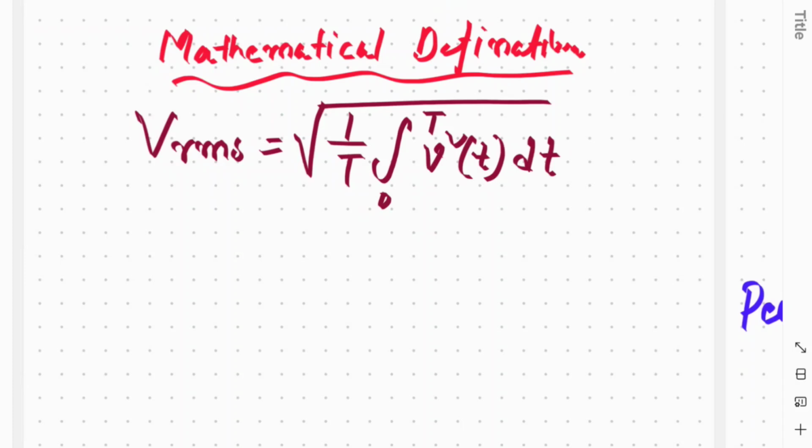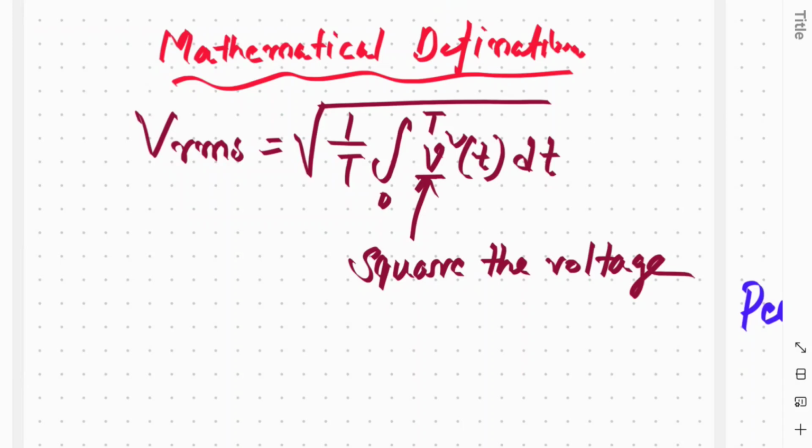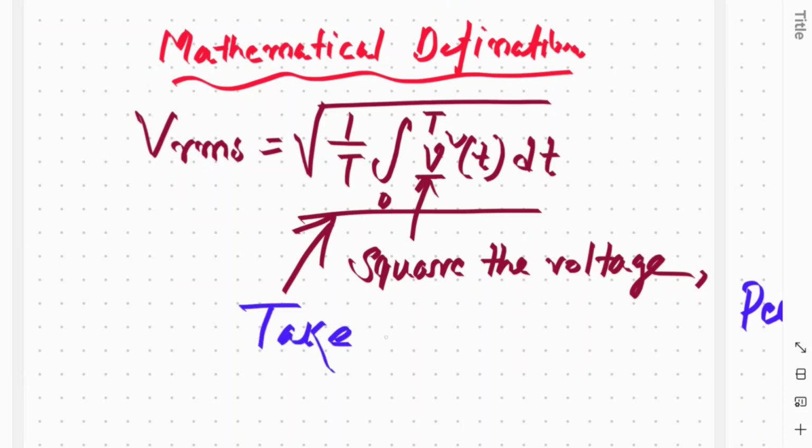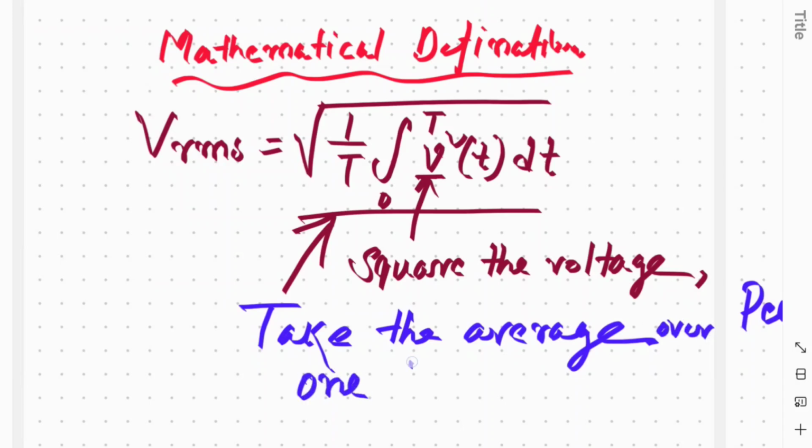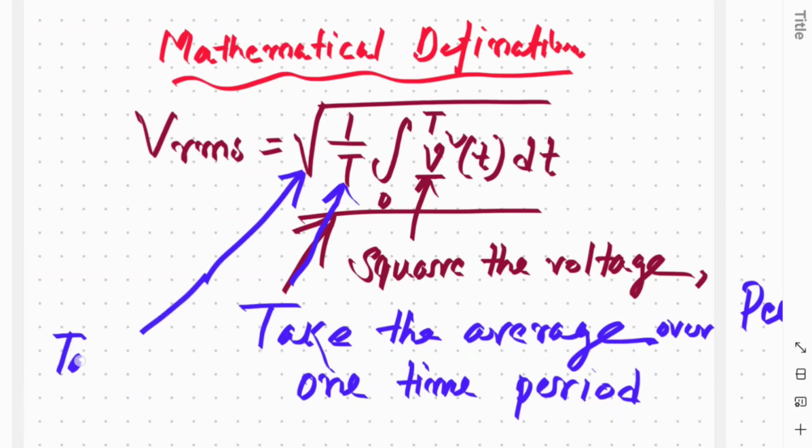This means square the voltage, take the average over one time period, and then take the square root.